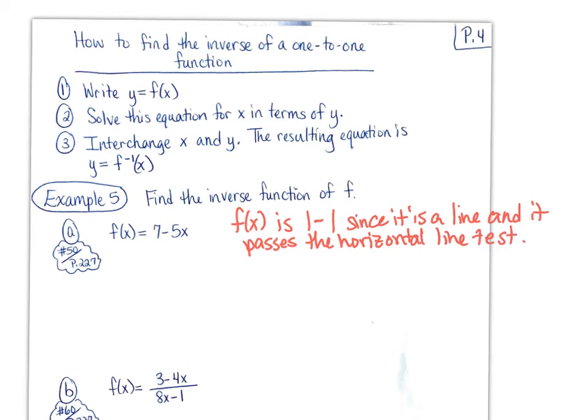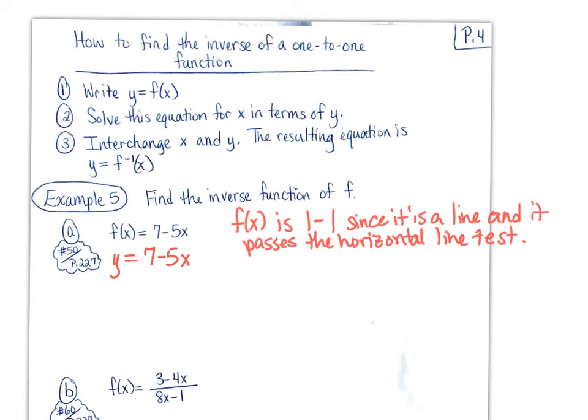Okay? So now we go through those steps. Now we write y equals f of x, and then we find the inverse. So we have y is equal to 7 minus 5x. And now we're going to solve this equation for x in terms of y.